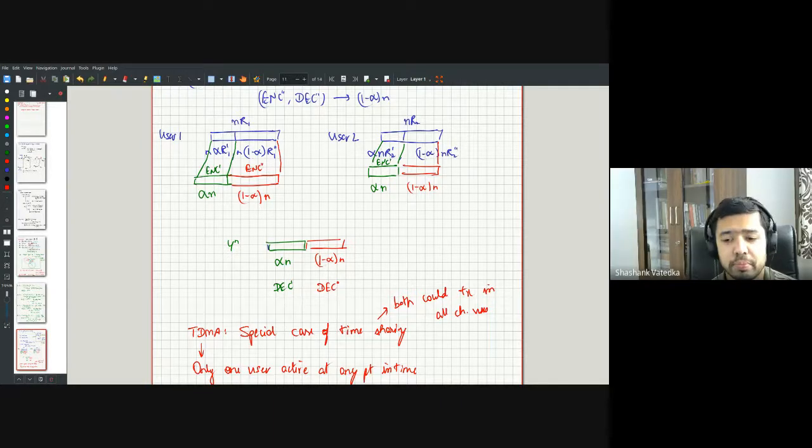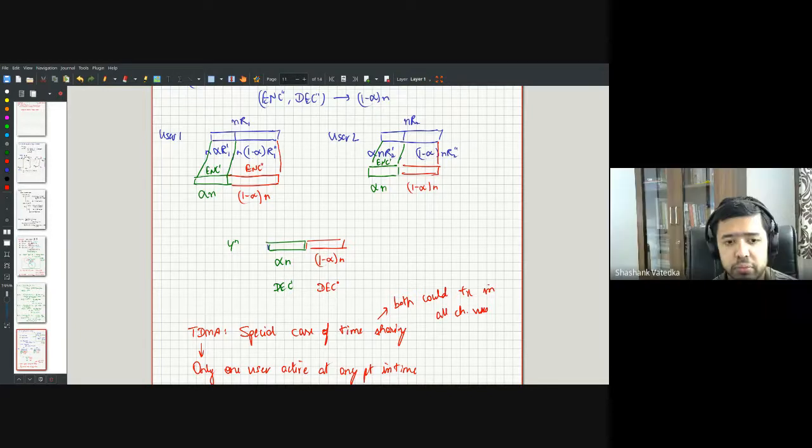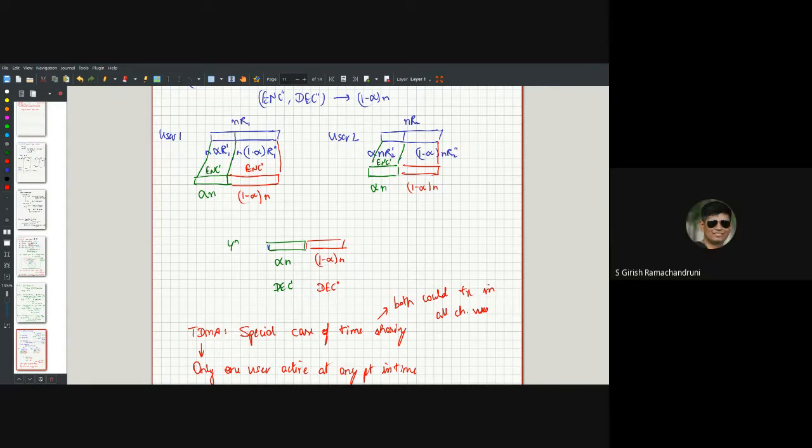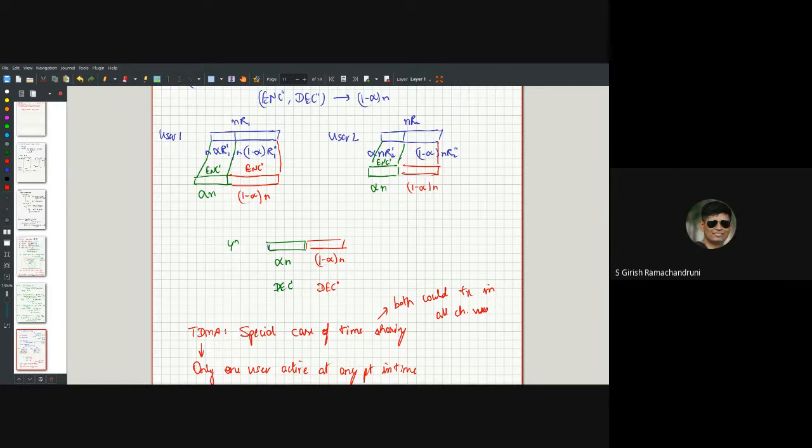It might be a general decoder with respect to both the users, right? As many users as in. There are of course different ways to model this. So the assumption here is that all users know which encoder is being used at a given point in time.